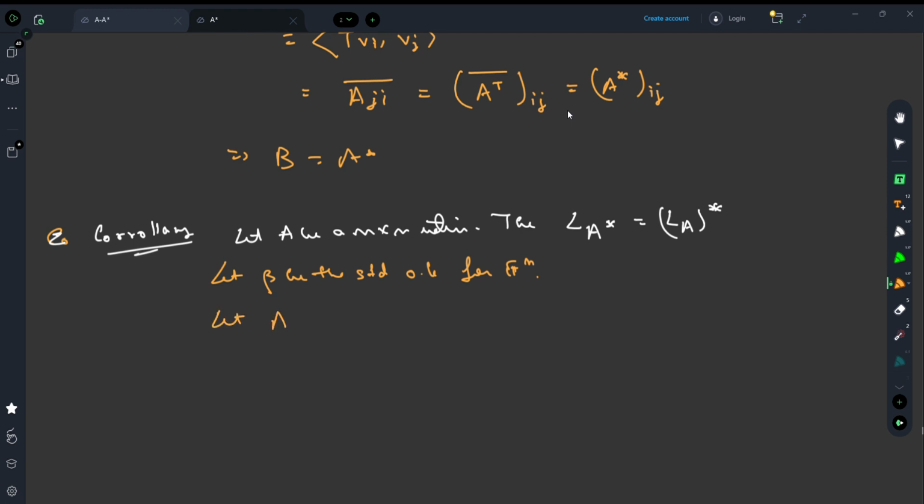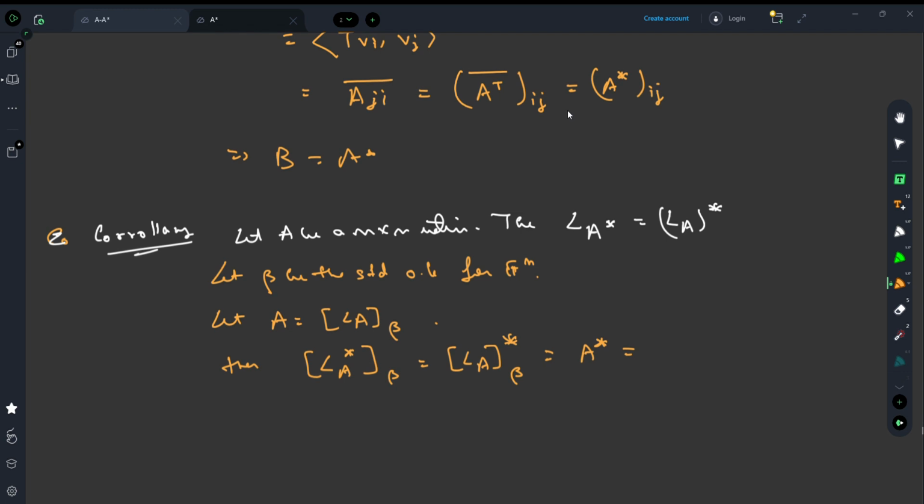For this, we just assume the standard ordered basis of Fn. Let beta be the standard ordered basis for Fn. We know that the standard ordered basis is orthonormal in nature. A, by definition, is the matrix of the linear operator induced by A with respect to this basis beta.